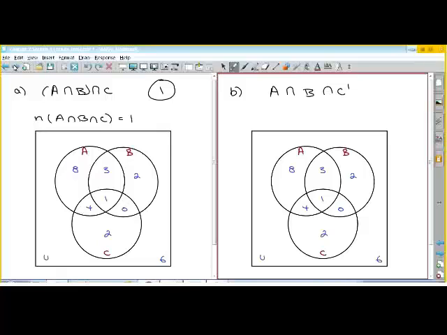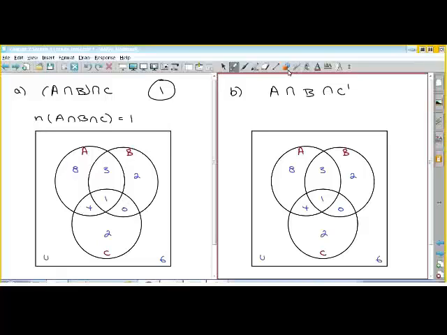Okay, I'm going to do one more, and then you guys are going to help me. Now we have the intersection of A and B with the complement of C. If you remember the other day, an intersection with a complement was the same as removing the elements that are in the set with the complement sign.